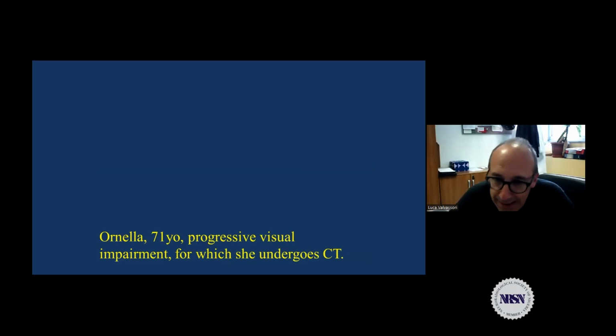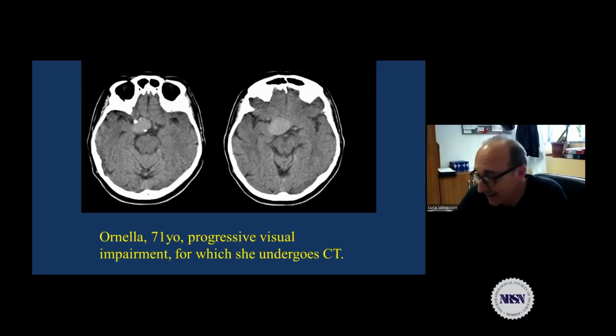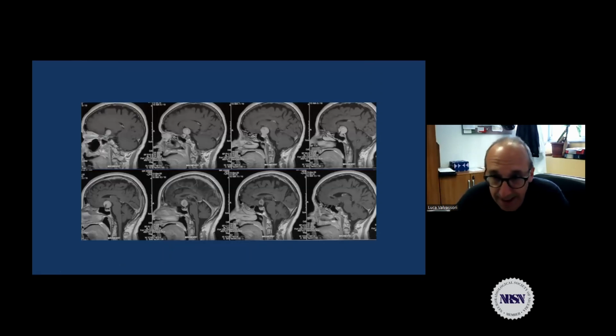This is a lady of 71 years old with a progressive visual impairment, for which she undergoes a CT, and this is what we see: a huge mass, slightly hyperdense, in this region, which is a suprasellar region or base of the frontal lobe region, which is obviously a large aneurysm. At this time, we were at the beginning of the 2000s.